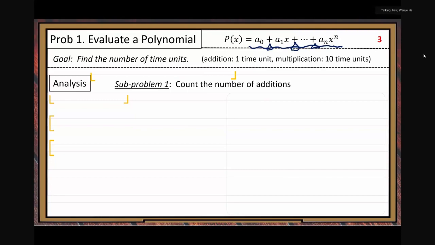Let me show you the concrete way to do it. Can we associate the first plus sign to the first subscript, A1?